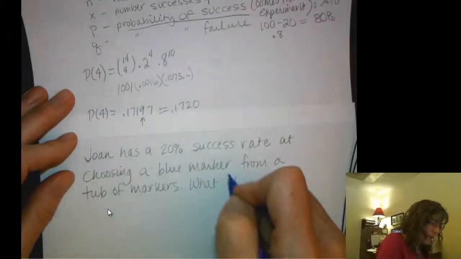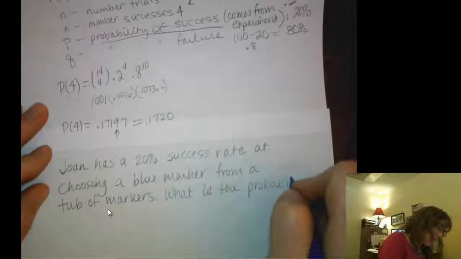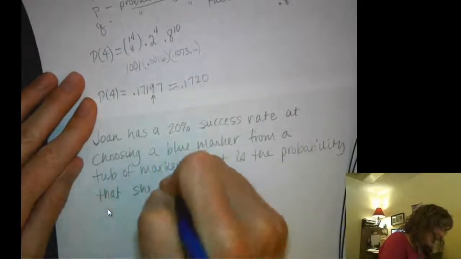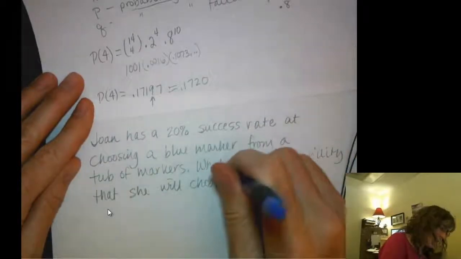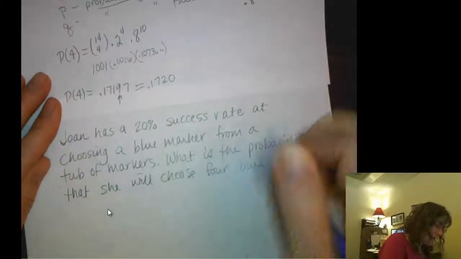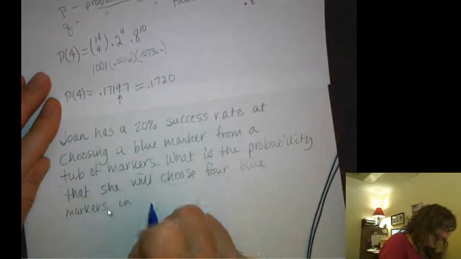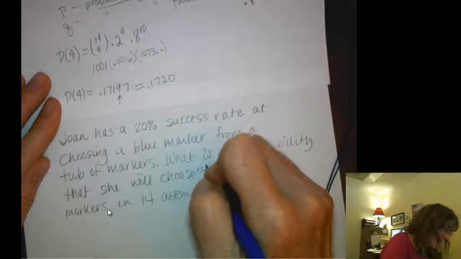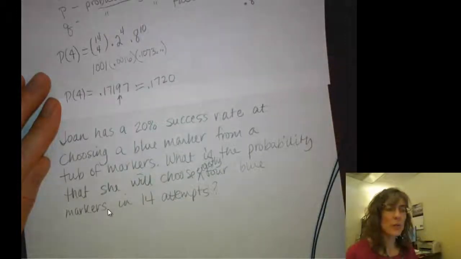What is the probability that she will choose 4 blue markers in 14, I think I need the word exactly here, in 14 attempts. Okay, so here's how I wrote out the problem.